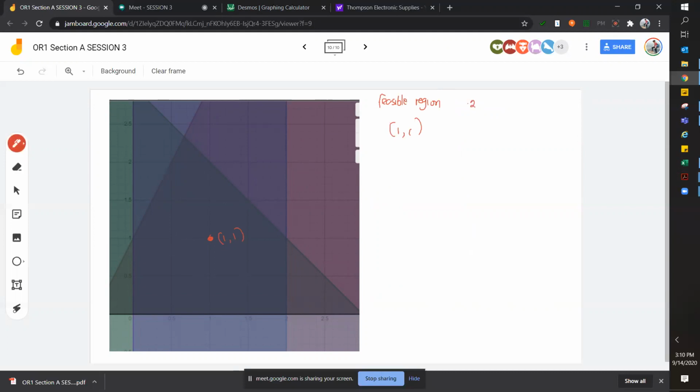Ang constraint natin, negative 2x1 plus x2 less than or equal to 1, and then x1 less than or equal to 2. Then x1 plus x2 less than or equal to 3. Ngayon, pag change mo yung x1, yung 1, 1 na yun, valid ba siya dito?